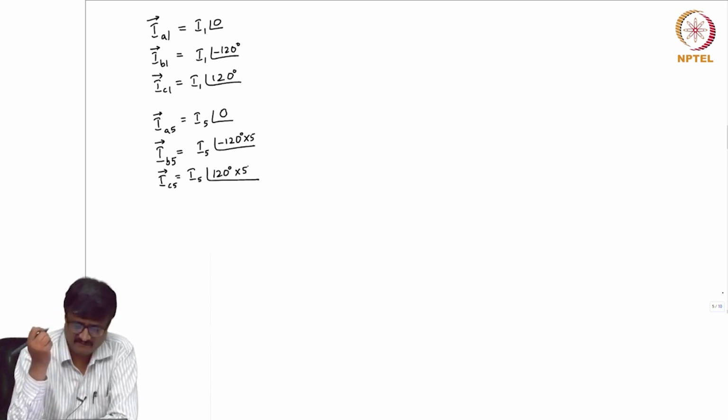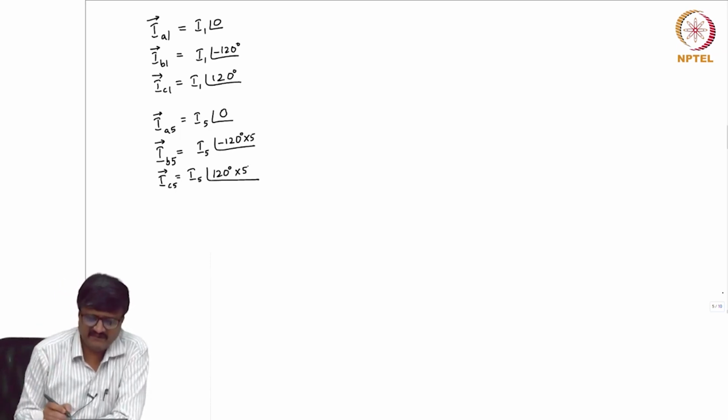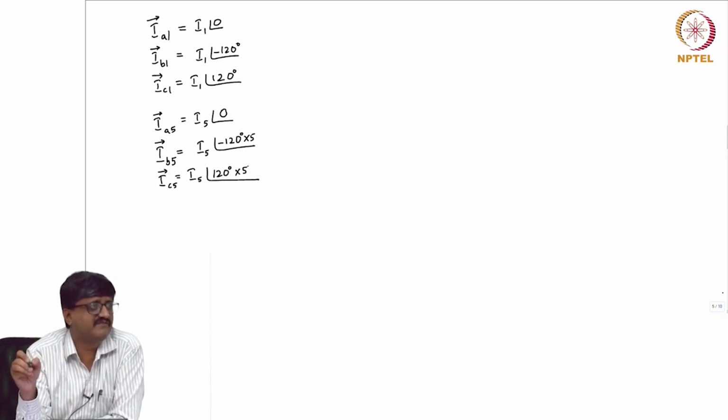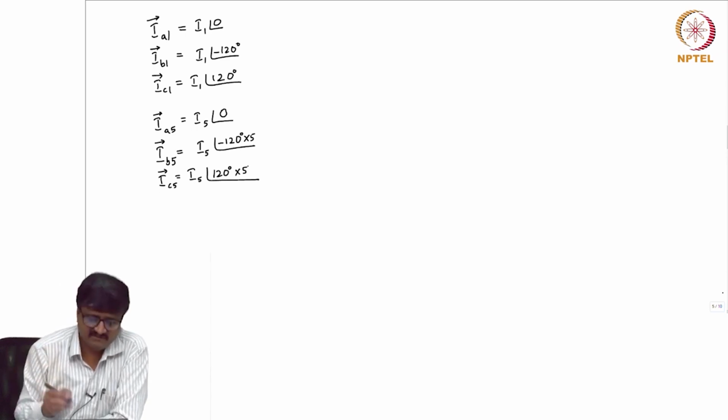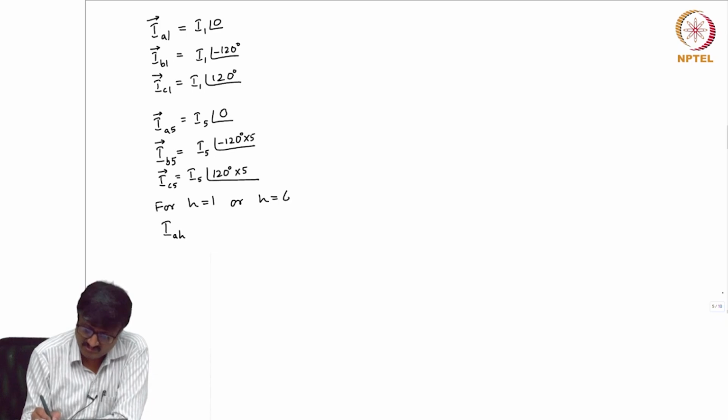Now, what I am trying to convey is, I need not actually write the expressions for this complex current separately for fundamental, separately for fifth harmonic, separately for seventh. I can write a general expression. Suppose I take IAH, for H equal to 1 or h equal to 6k plus minus 1, k takes any value.